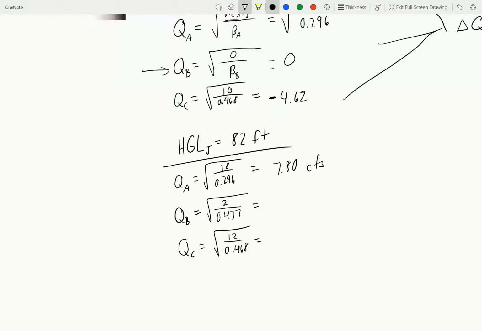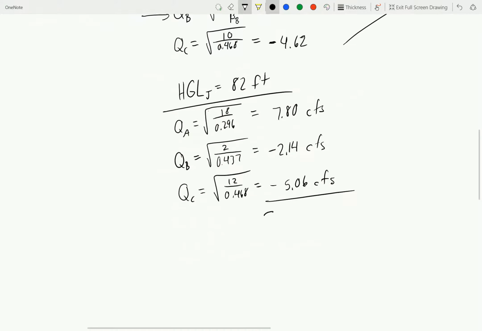And for these, we're going to get negative 2.14 CFS, and then negative 5.06 CFS. And if we add these all up, we will get a value for delta Q to be plus 0.60 CFS.